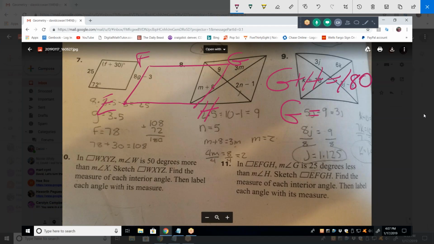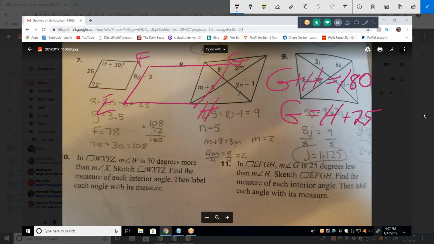What if I wanted to put H over here? Now, how do I handle the 25 degrees? With a plus 25 or a minus 25? Let's try a plus 25. All right. In other words, if H was 100, G would be 75, correct?